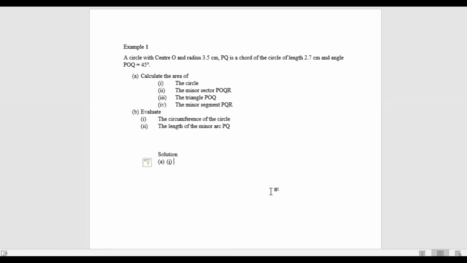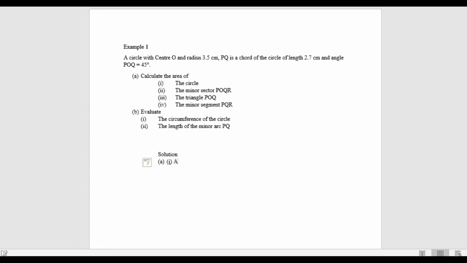And we already know that the area of a circle is equal to pi r squared. Sorry, I mixed up circumference there with area. So here, all you need to do is plug in the values that are given.